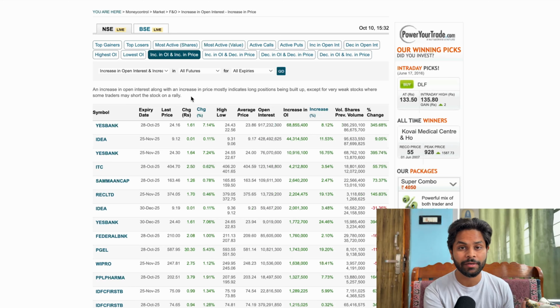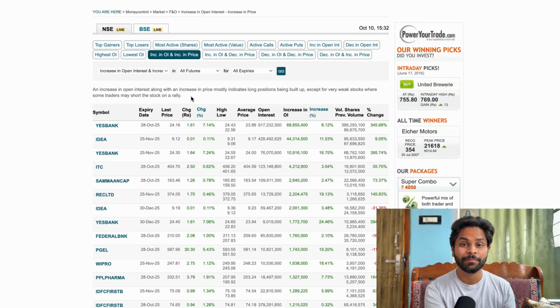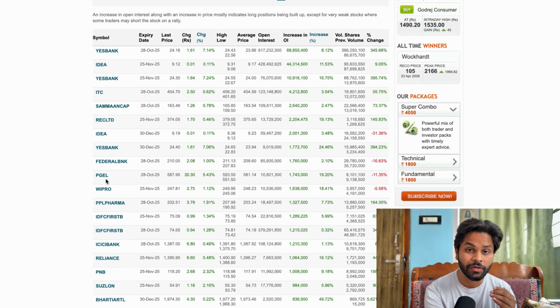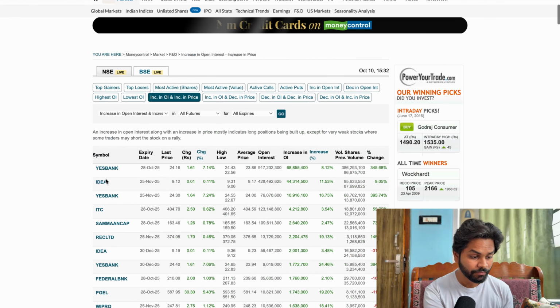People are buying more and more contracts in these stocks, so open interest is increasing and the price is increasing. It means long has been built up. For example, Yes Bank, Idea, ITC, Shriram Capital, REC, in these stocks longs are getting built up.